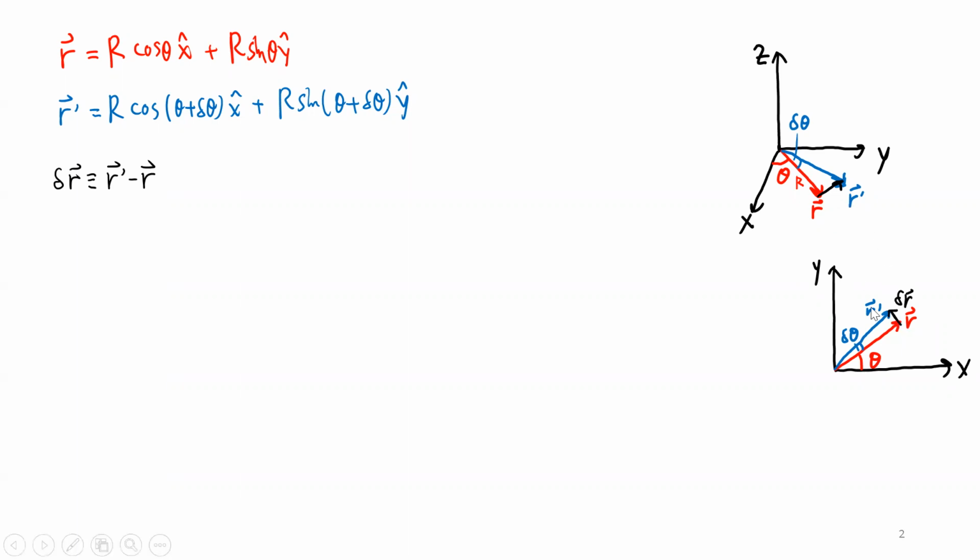You can see these three vectors together form a very narrow triangle. I think you have seen something like this before.